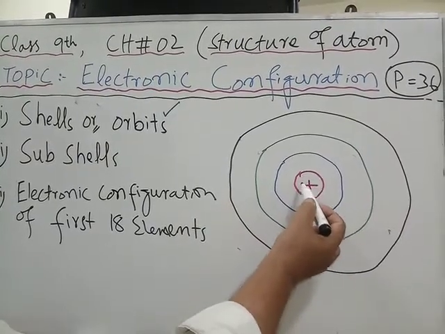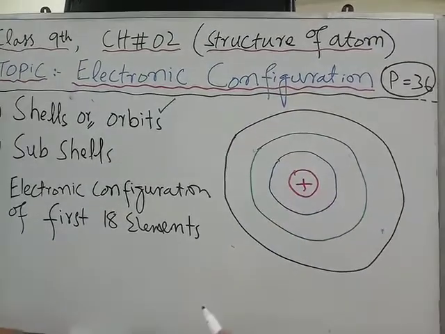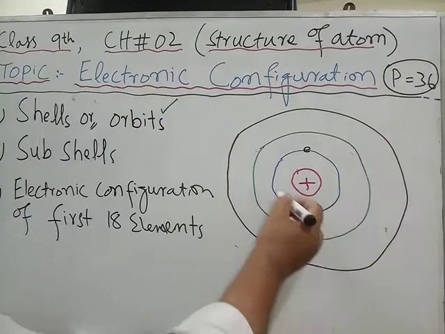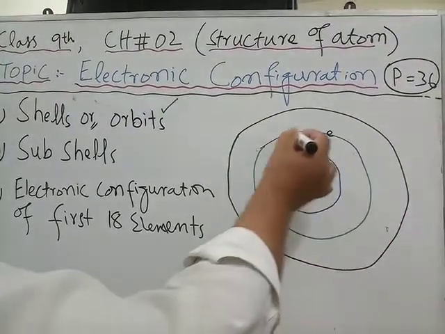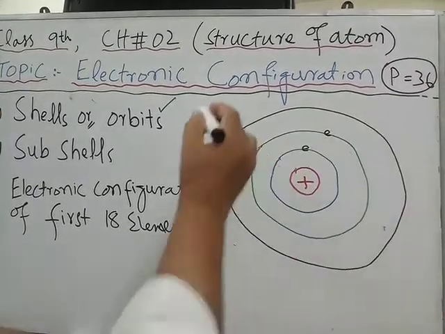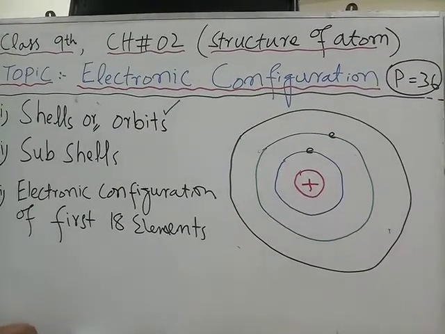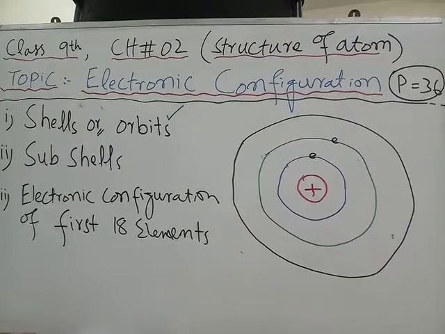This is the first shell, second shell, third shell. Electrons revolve around the nucleus in fixed circular paths. These circular paths in which electrons revolve around the nucleus are called shells or orbits.